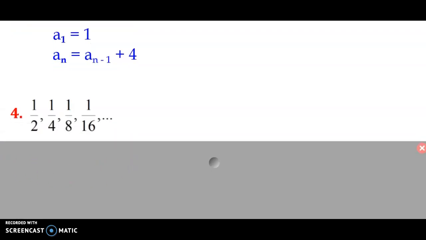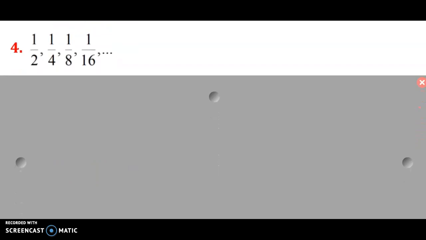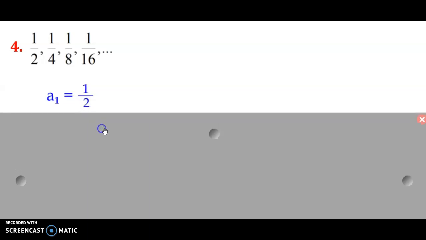Take a crack at this one. This one's a little bit more of a challenge. Pause it if you need to. Okay, here we go. First term is just 1/2. Everybody should be able to get that. What did I do to get from this term to this term, this term to this term, and this term to this term?